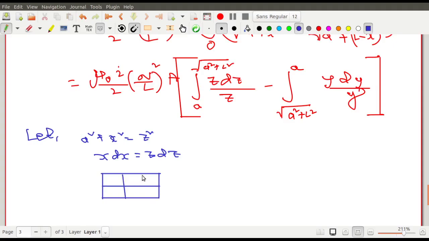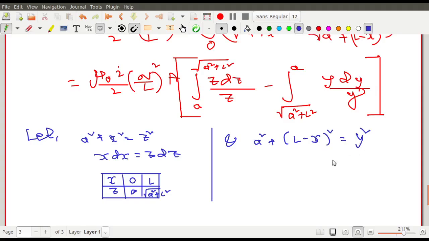Look at the limits as well. This is for x, and this is for z. If x is 0, then z is a, and if x equals l, then it is a square plus l square under the root. Clear? That is one part. And in the second part I assume a square plus l minus x whole square to be y square.